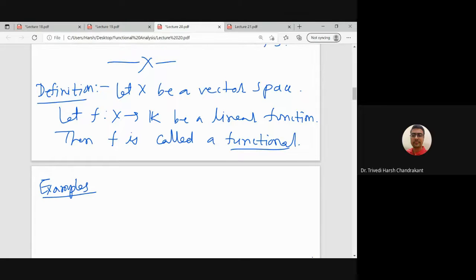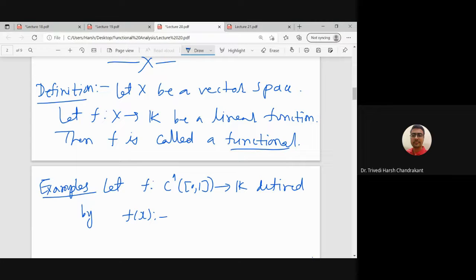So let us define the function again on the same space. So let f from C^1[0,1] to K be defined by f(x) we are defining to be F(x), so this we already defined, right, in the previous example. So we are using small f or capital F, it doesn't matter.